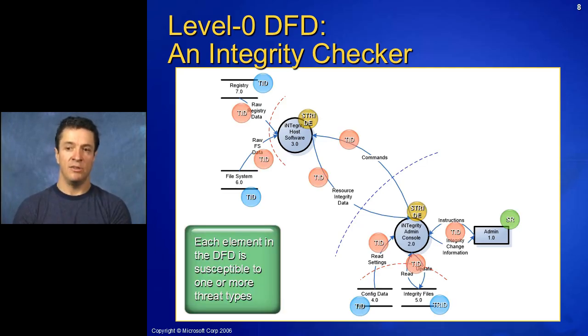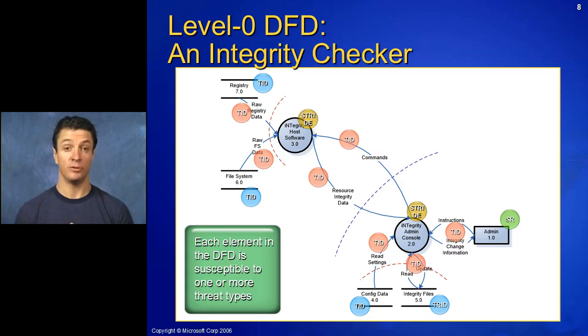Every element in the data flow diagram is subject to one or more kinds of attack. And the attack is based upon the element type. So for example, you'll see here that the admin, which is an external entity, someone who communicates with the application, is subject to spoofing and repudiation. I'm going to talk about these shortly.